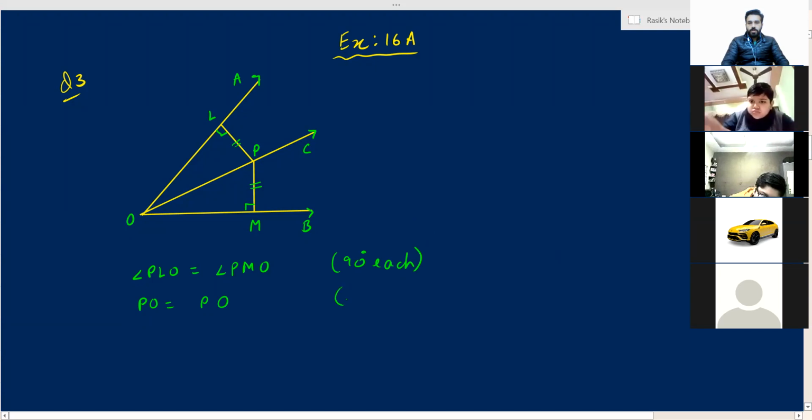So PO is common. So we can first take angle P equals angle P, then angle L equals angle M. Can you tell me why angle P is equal to angle P? Which angle P?